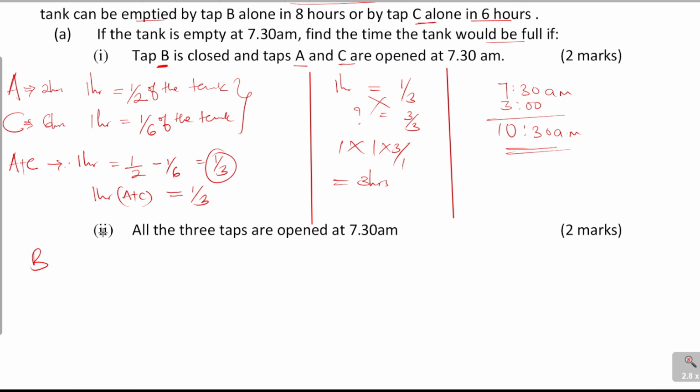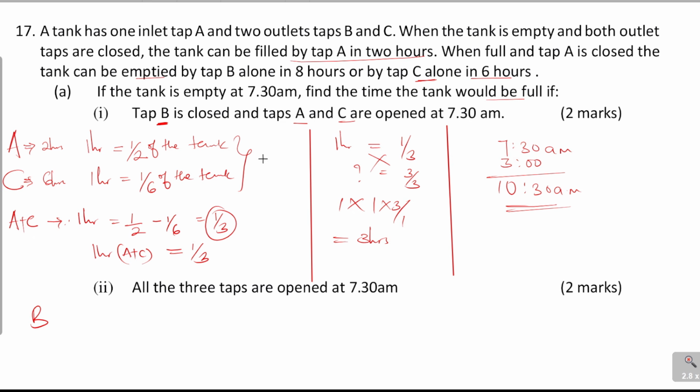So B, when you go to the statement there, B also empties. It can empty the tank in 8 hours. So that means in 1 hour, it can empty an eighth of the tank.